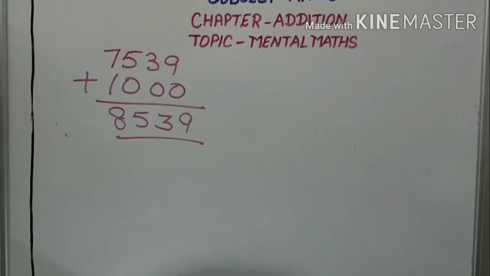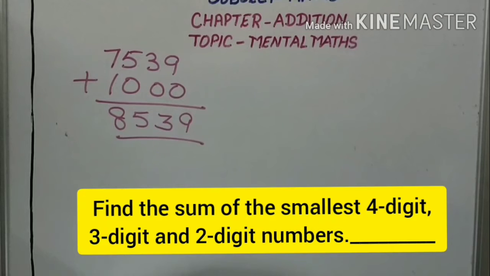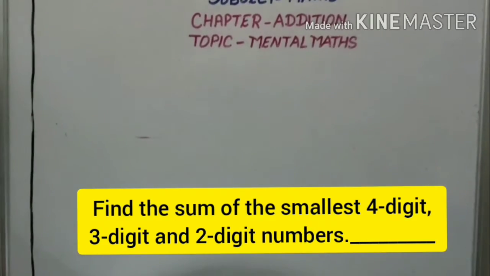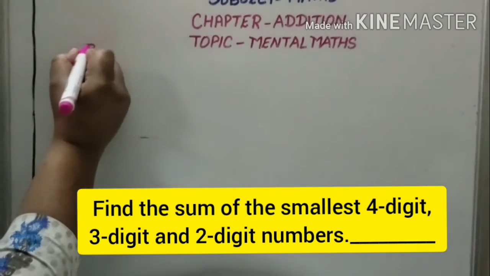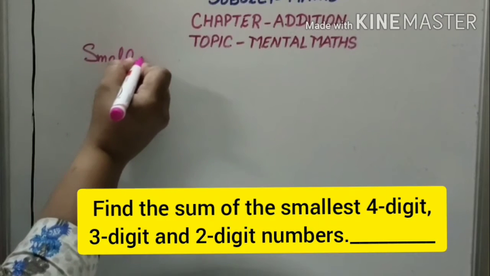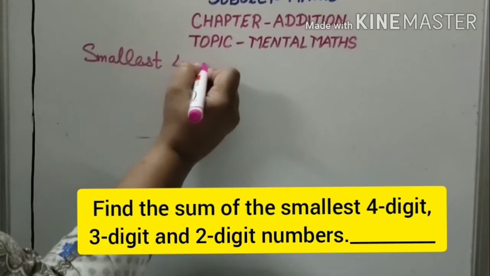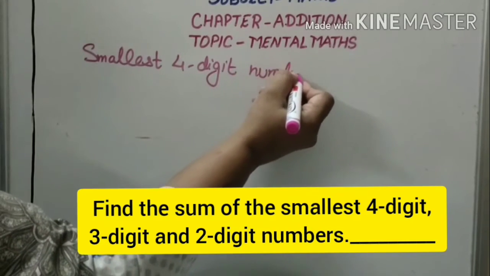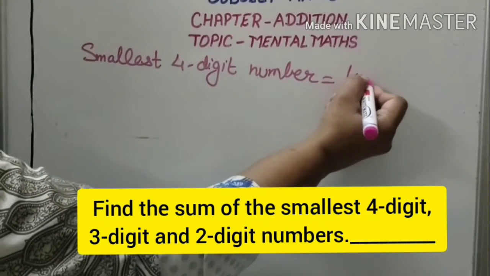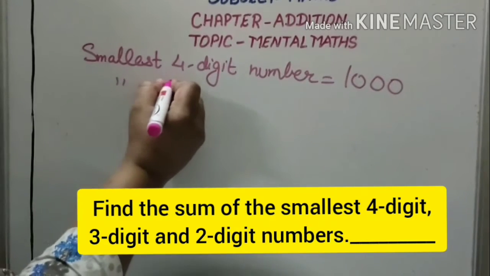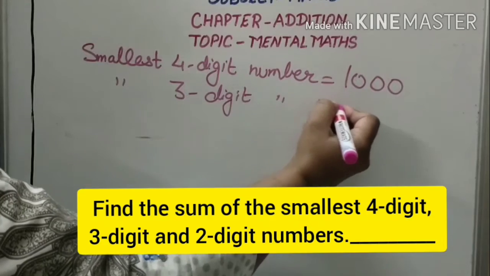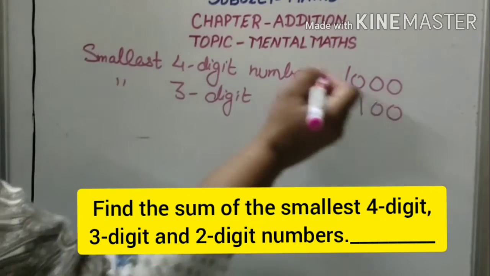Next, the same question. Find the sum of the smallest 4-digit number, smallest 3-digit number, and smallest 2-digit number. Yes, children. Smallest 4-digit number. Now, I hope you will do it fast. Smallest 4-digit number is yes, 1000. Then smallest 3-digit number is 100. Yes, right.